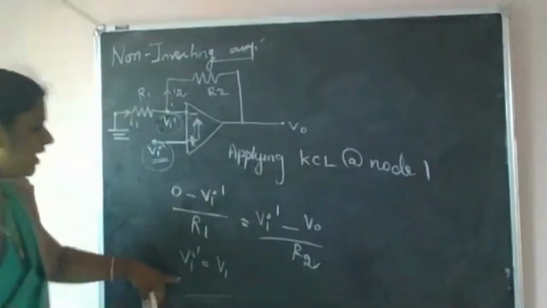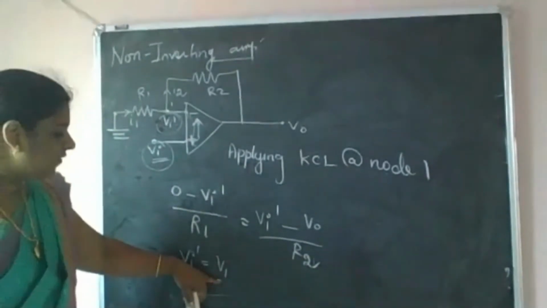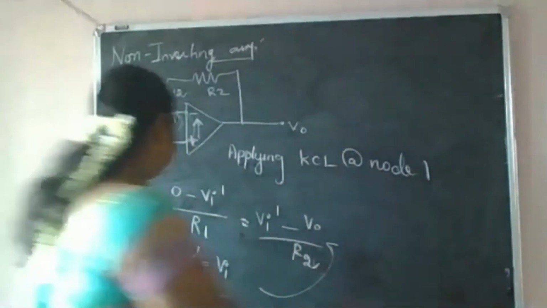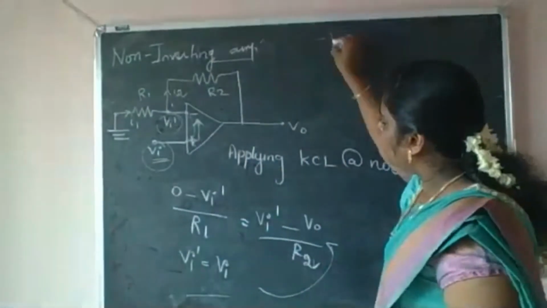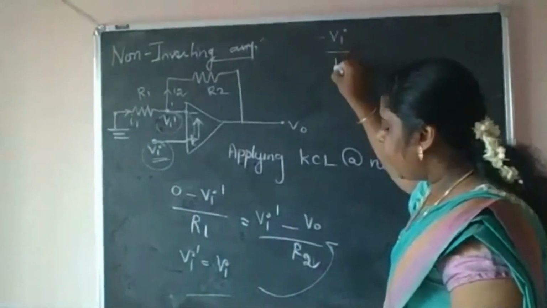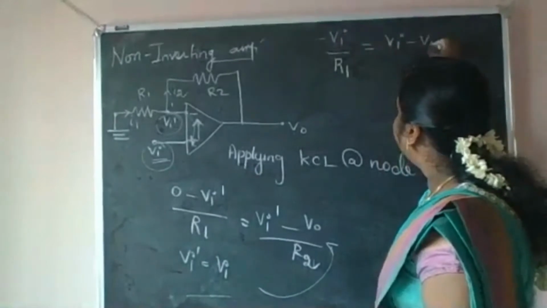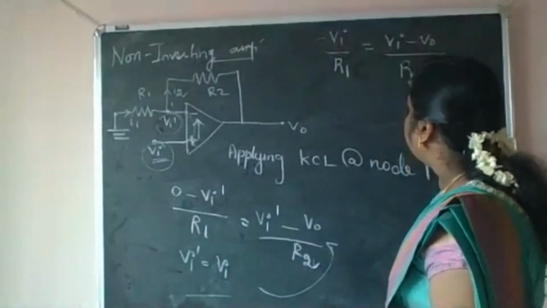Now substituting this Vi dash value as Vi in this equation, we will get minus Vi divided by R1 is equal to Vi minus V naught divided by R2.